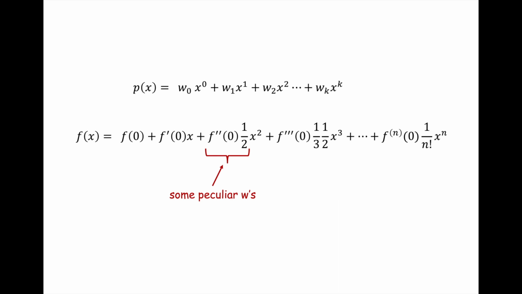Any questions? So this particular polynomial has a special name. It's the Maclaurin series. And the Maclaurin series is nothing more than a polynomial with these peculiar coefficients created by this Maclaurin person, right? Now, the Maclaurin series is a special case of a so-called Taylor series.